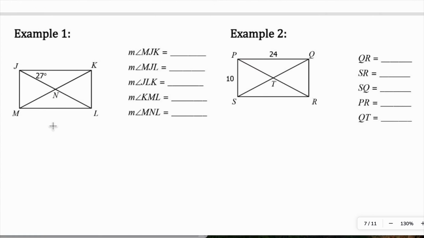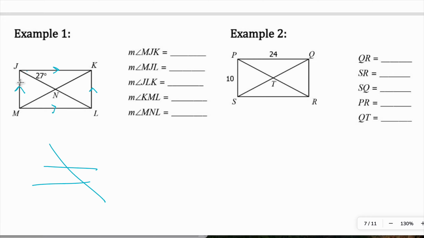We're going to find the measurements of all these angles first. Keep in mind that we are going to say that these are parallel lines. So you have to think about your relationships of angles with parallel lines. Okay, MJK is next. So MJK is this entire corner, and bisecting diagonals are going to bisect angles usually, but maybe we don't have enough information to decide what MJK is first.